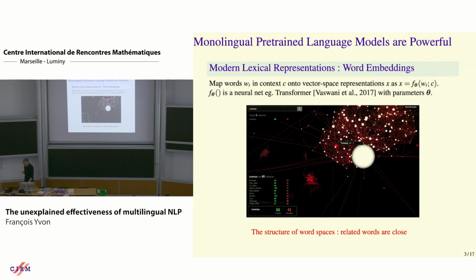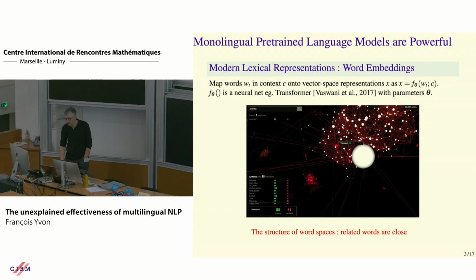So for the football lovers, this is a query of the word Juventus. Here you cannot read, but I can read the closest neighbors to Juventus. And of course, these are also other football teams. And the first one is Marseille, so it's a well-chosen example for today. But there are other well-known names in that list.